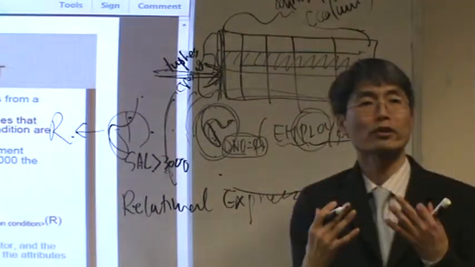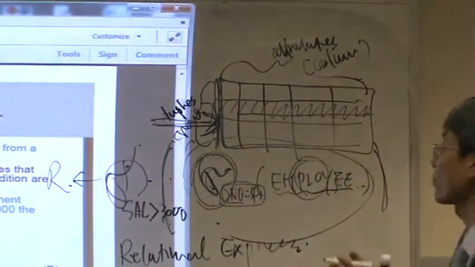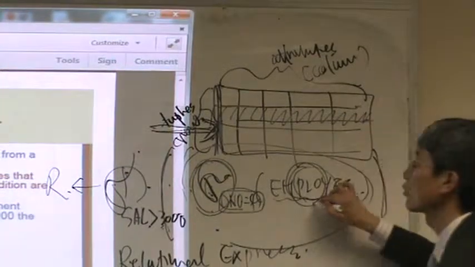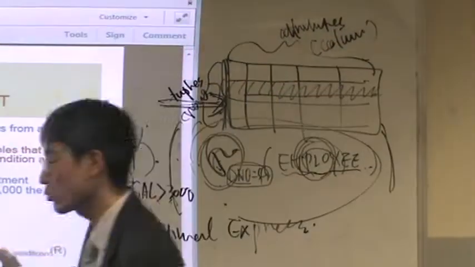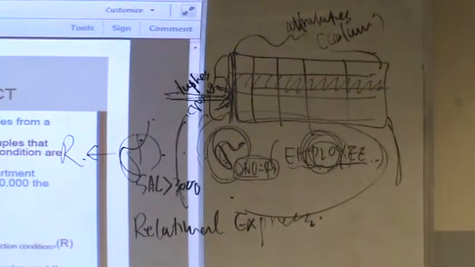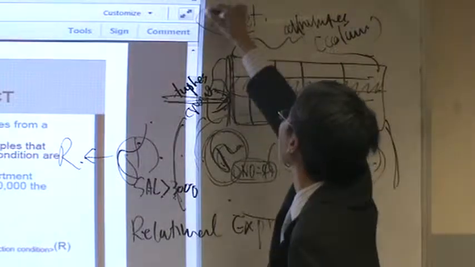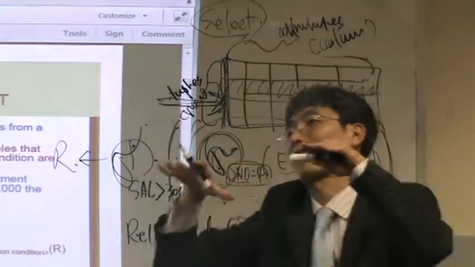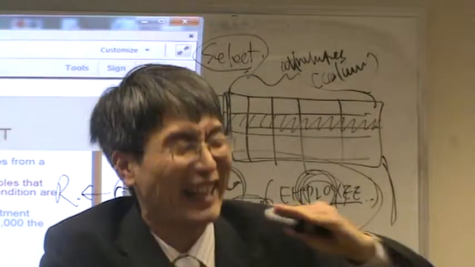So our goal is to make a relational expression that can specify the specific data to be retrieved from the relation. The first one is select. This is called the select operation. Using the select operation, we can specify a number of tuples, a number of the data.